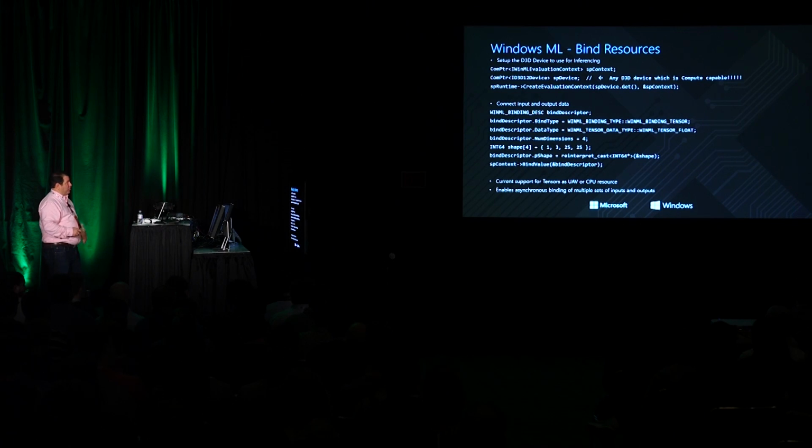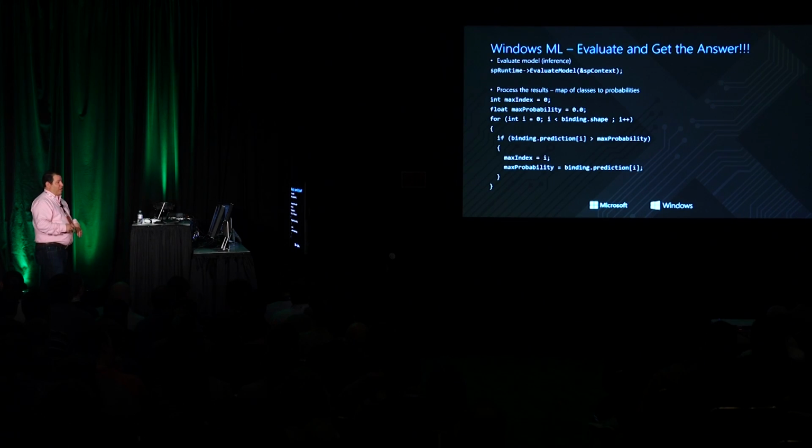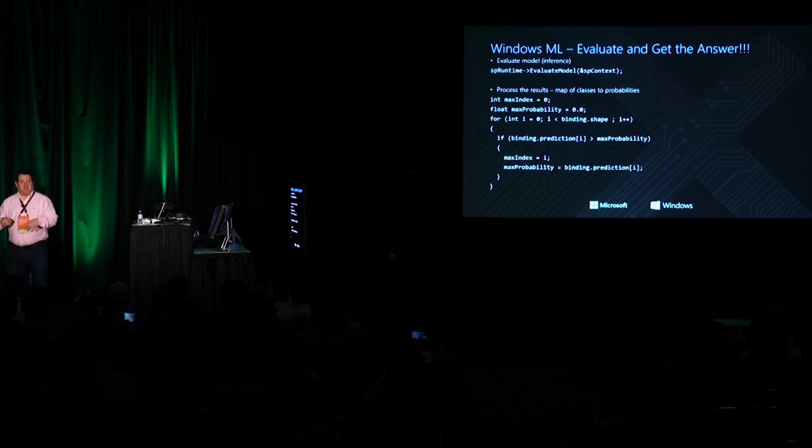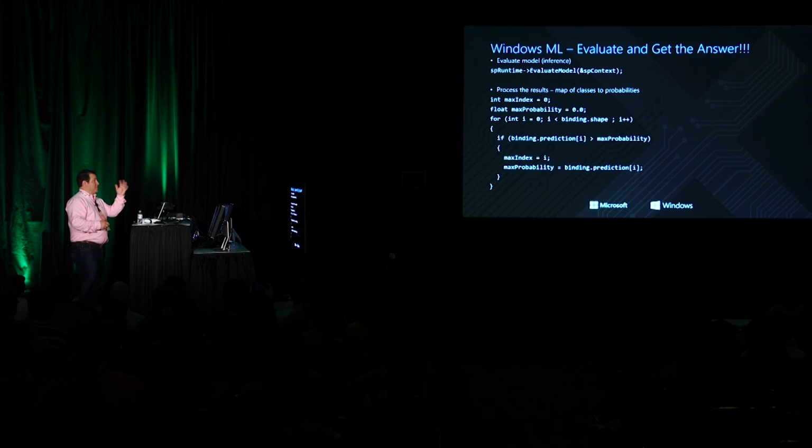So once you've bound the resource to the system, it's a really simple call. You'll ask the runtime itself to evaluate the model that you've seen. Once you call evaluate model, you'll be given back the results. In the case of MNIST, what you'll be given back is basically a list of numbers and the probability that any one of those numbers was the result. So you'll have to write a little bit of code to extract out the results.